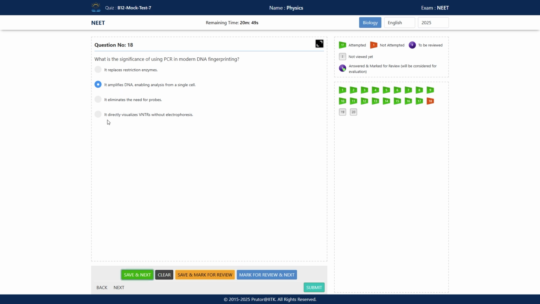The next one, which step in DNA fingerprinting involves transferring DNA fragments to a synthetic membrane? Options are electrophoresis, restriction digestion, Southern blotting, or autoradiography. What is the correct answer?